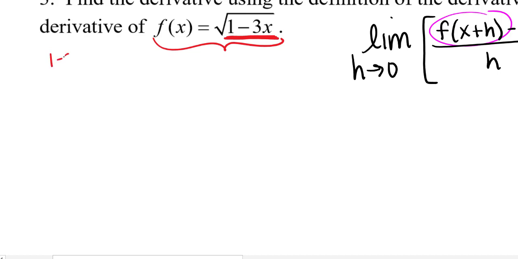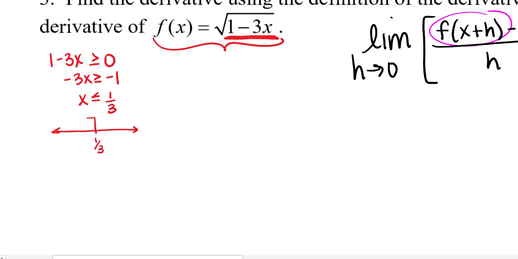So I want to force 1 minus 3x to be greater than or equal to 0, and I will solve that inequality. So I'll subtract 1 from both sides. Divide by negative 3. Now watch your inequality when you divide by negative 3, because it will switch that sign around. A lot of us use a number line to help us with our interval notation with domains. So here's my 1/3.